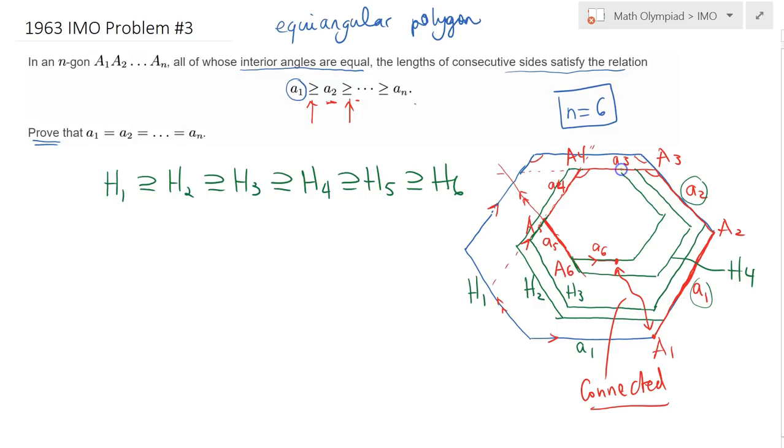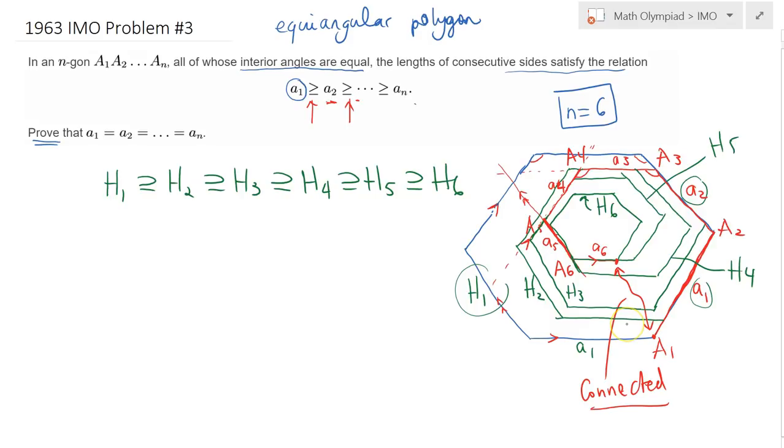Oh boy, it's hard to even draw these. So this one is H5, and finally this one is H6. But why did I do all these things? Because the last one, H6, is strictly contained inside H1, right?